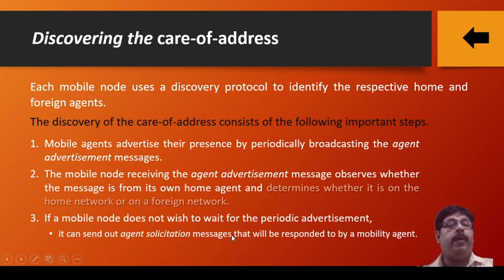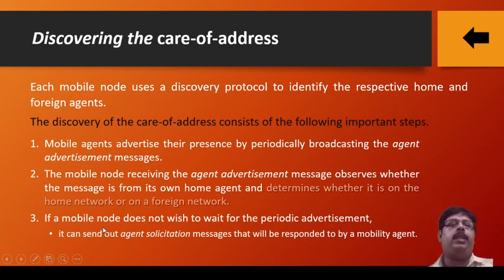In agent discovery, we have discussed two points. One is the advertisement message, which is done by the mobile agent, and the solicitation message, which is sent by the mobile node and will be responded to by the mobile agent. So in two ways it is done.